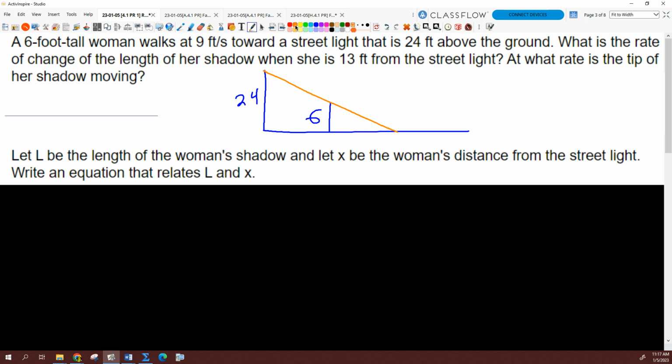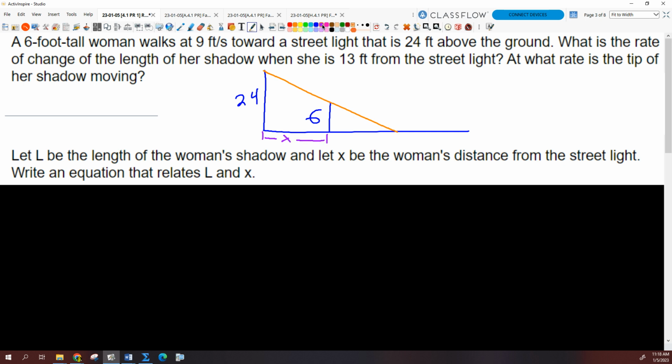Okay. So what are my variables? Between her and the light, and what do they call that? It looks like they're telling you, let L be the length of the woman's shadow and let X be the woman's distance from the street light. Okay, so then this is X, correct?